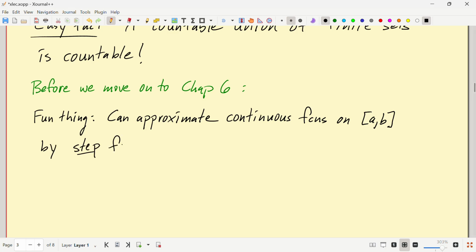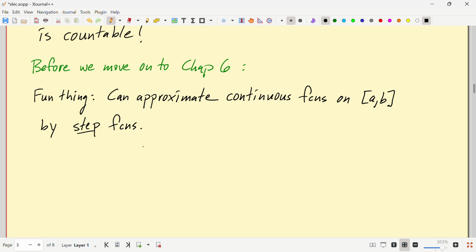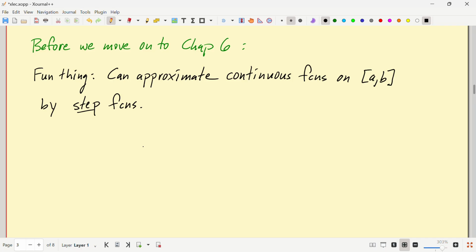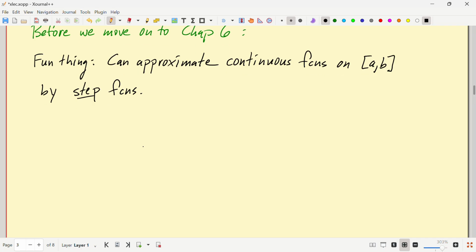That turns out to be an important thing to do when you study integration, because remember when you saw Riemann sums, they were areas under step functions. And so it's going to turn out that this fact is useful to us at some point. So it's an easy thing to see basically by a picture proof.